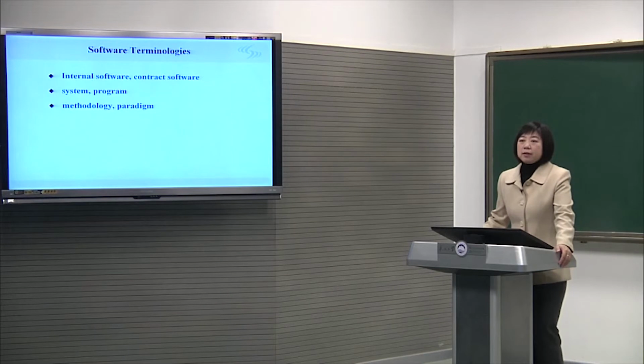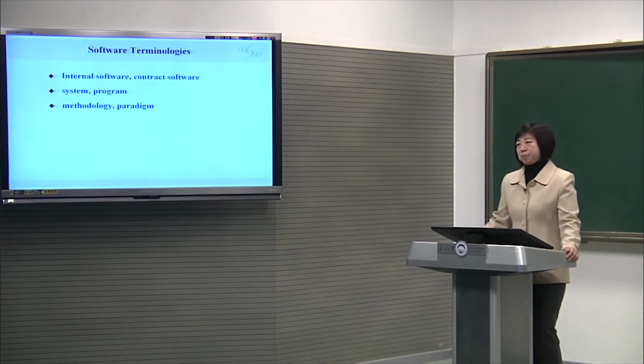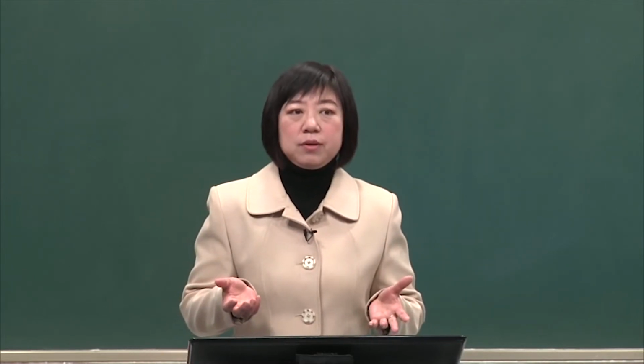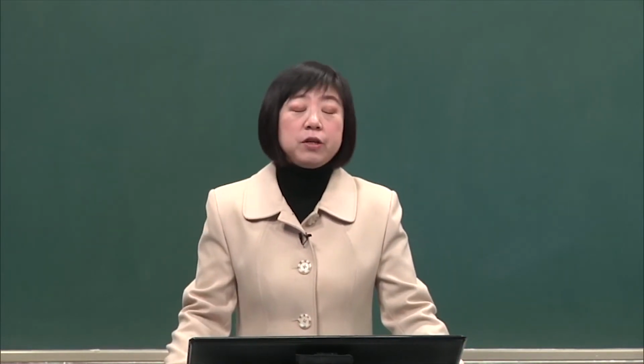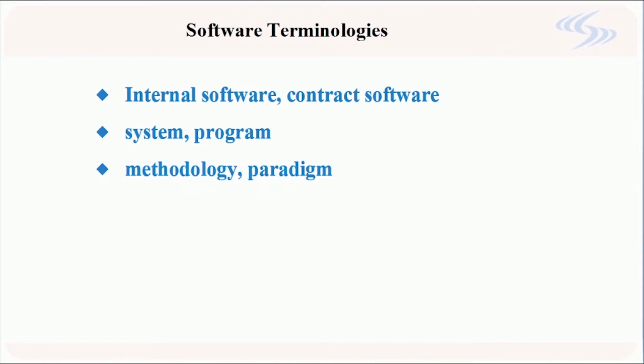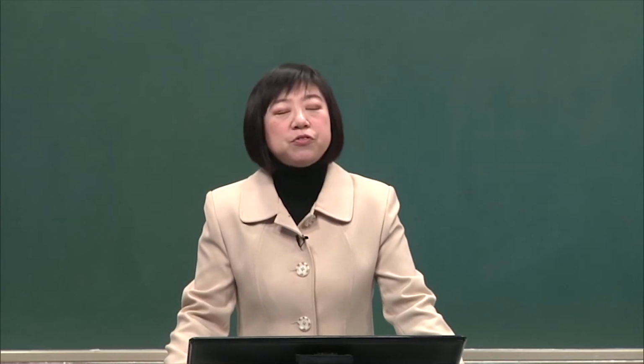Next, methodology and the paradigm. Paradigm is something concrete. That means a certain way or a certain method to solve some problem. For example, the traditional paradigm in the area of software engineering, the structured paradigm, was used before the 1990s and was very popular then.